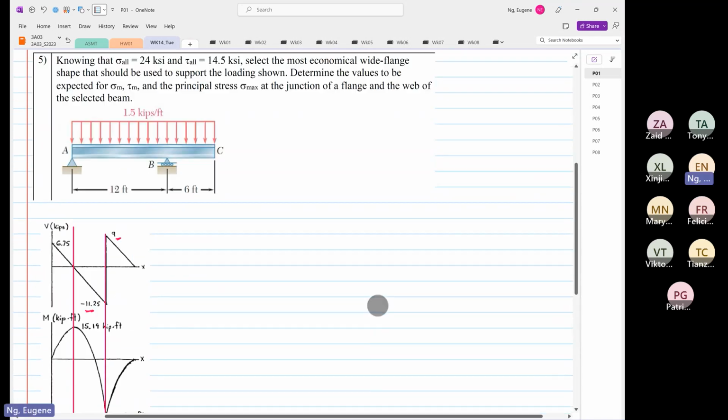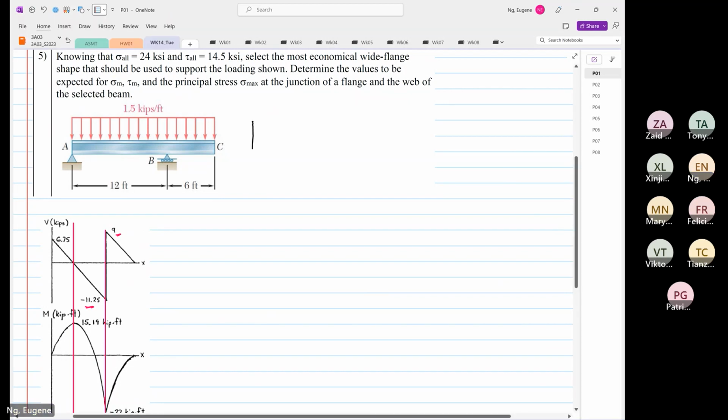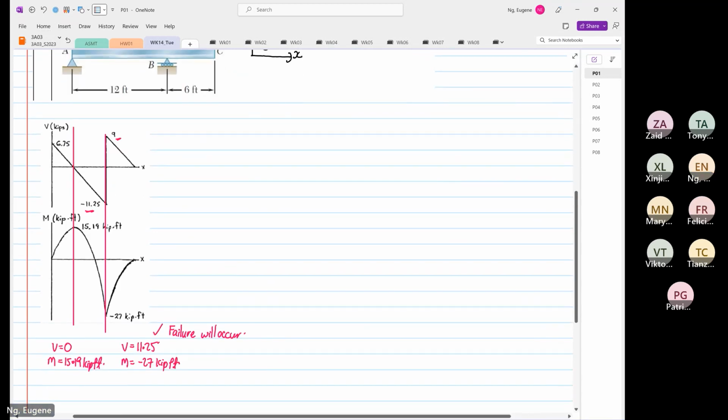If we were to draw the transformation, this is our X, this is our Y, and this is our rotation about Z. We know that it will fail at a certain distance that has a combination of shear force of 11.25 kilopound and a moment of 27. So we have determined what we are going to use.